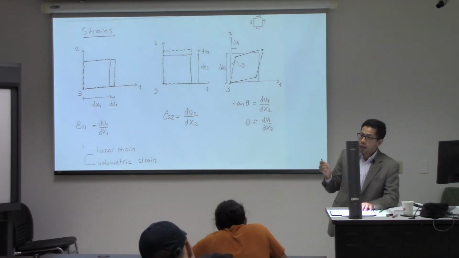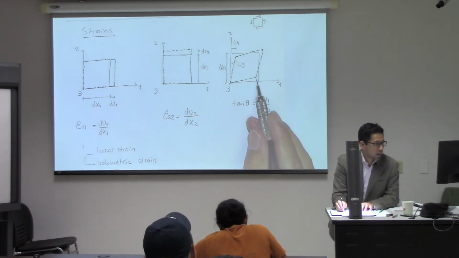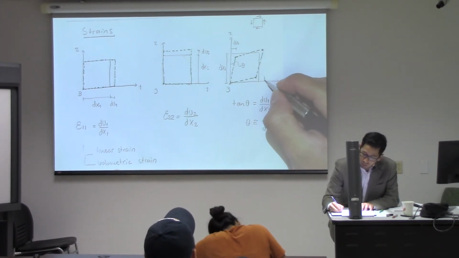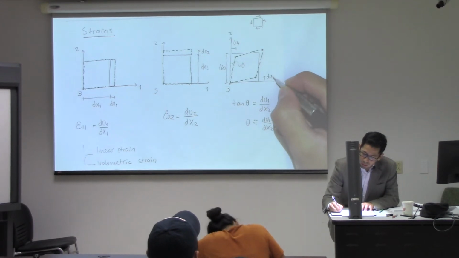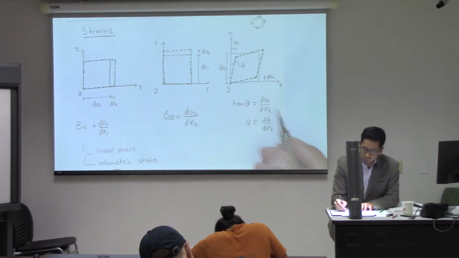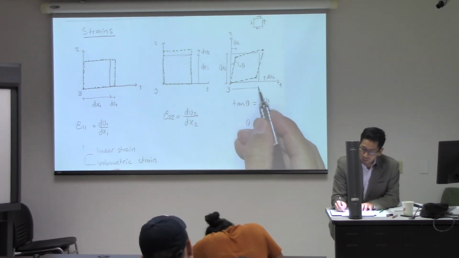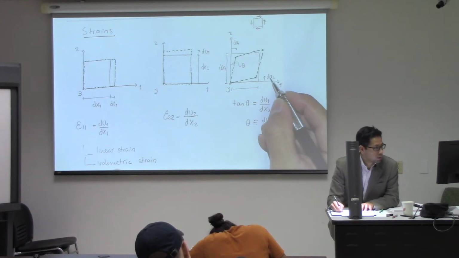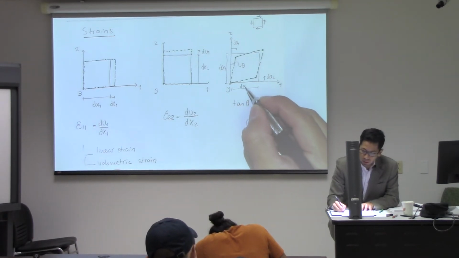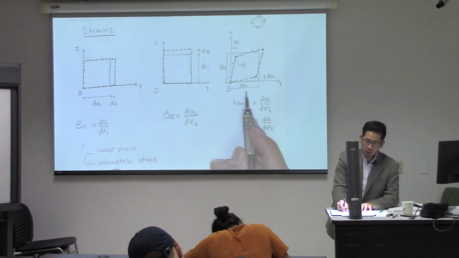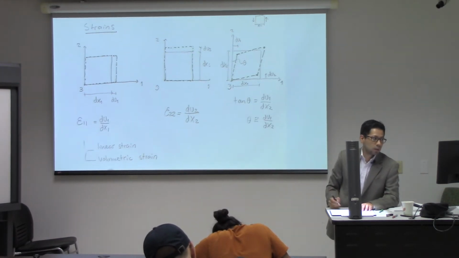Similarly, let's look at this other angle. That point over there moves a distance du2 in direction 2, and the angle is going to depend on that displacement and this original distance dx1.